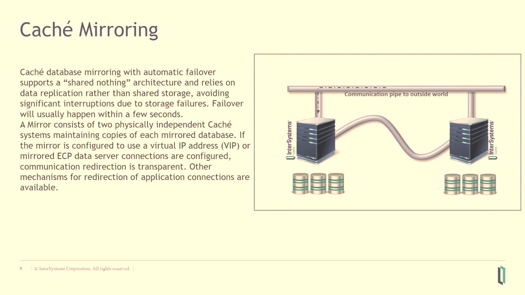Again, design-wise, think of them as a single entity. Now, when we talk about mirroring, we're talking about the data server. I'll talk a little bit more about ECP and the application servers, etc., but keep that in mind as we go through it.